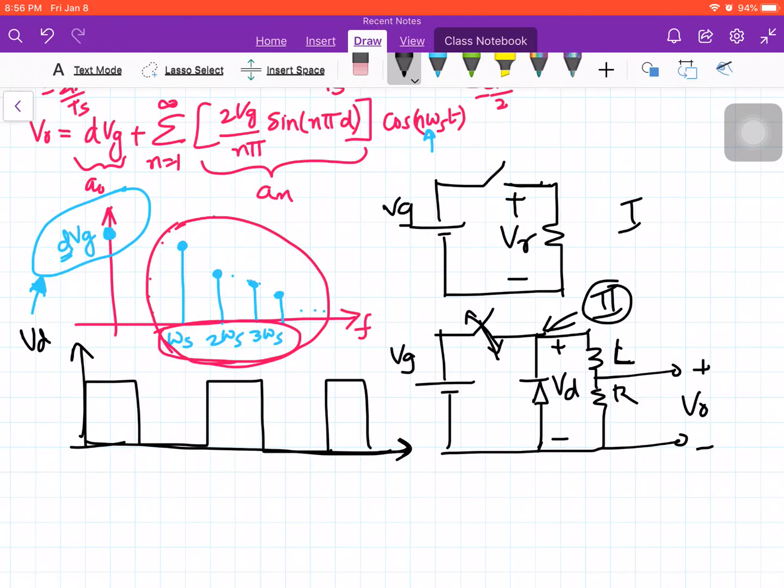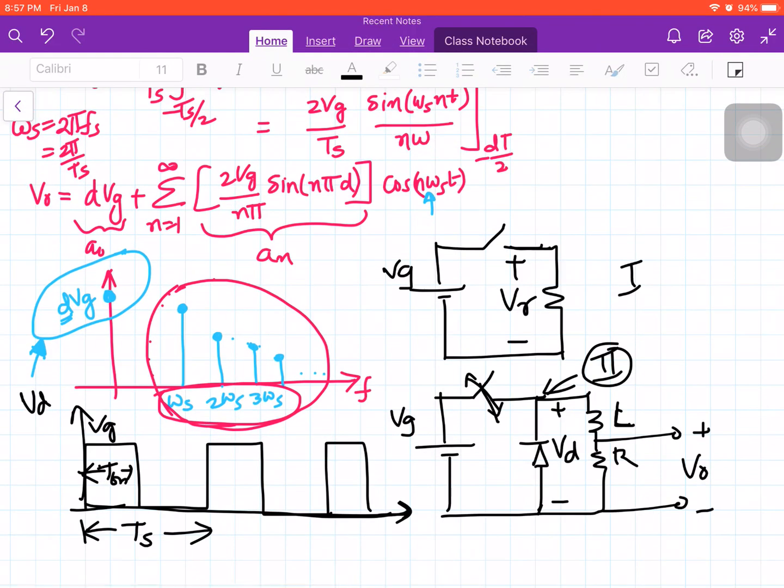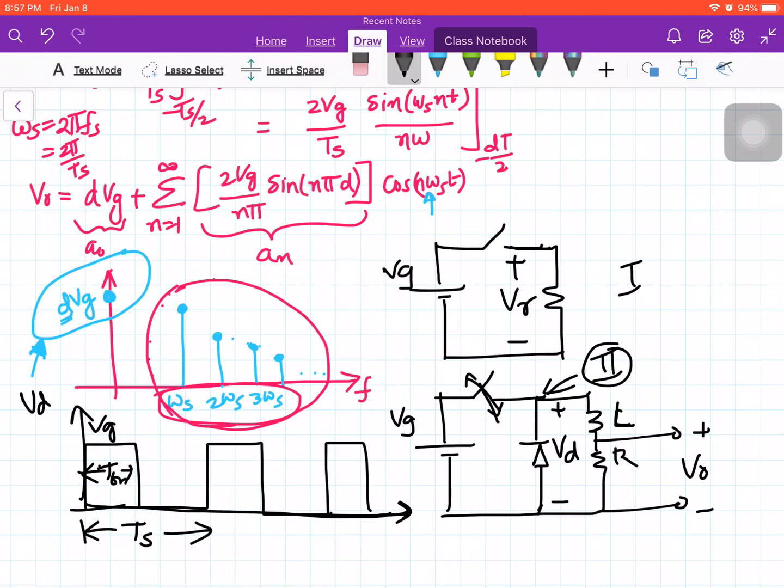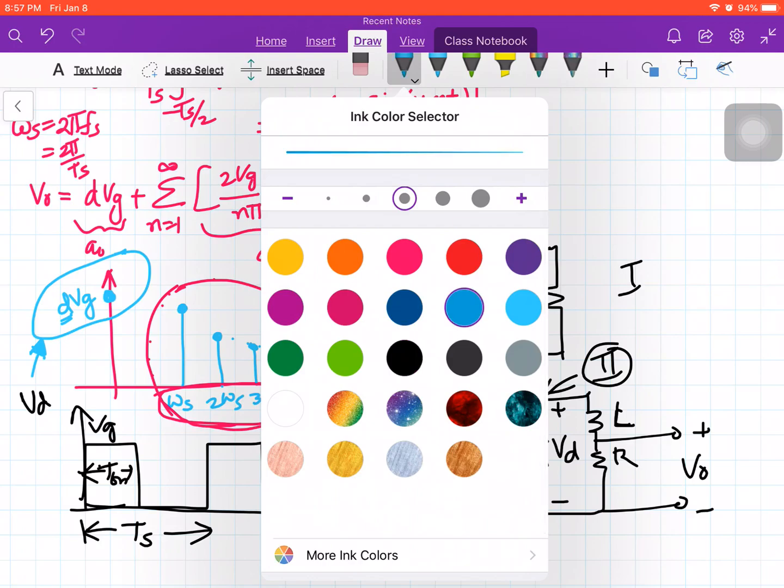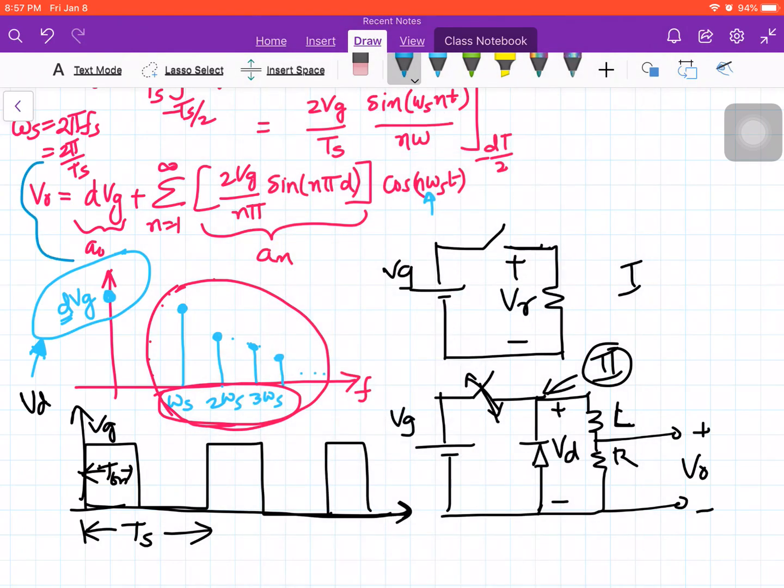We have found the Fourier series for this particular signal, where this is the switching time interval and this is the turn on time. The Fourier series would look something like this.